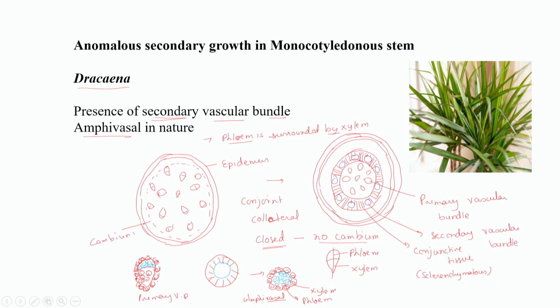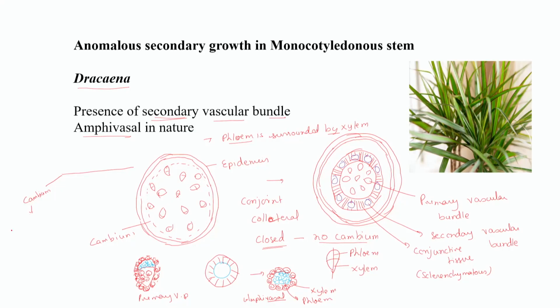Now, suppose this is the cambium. What will it do? It will cut parenchyma on the outer side. See, it is not going to cut xylem on one side and phloem on the other side. The behavior of this cambium is entirely different.